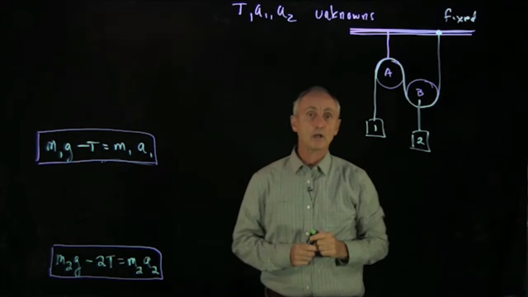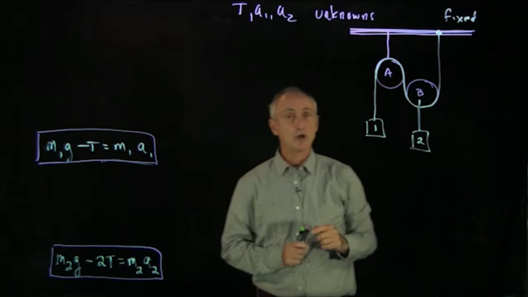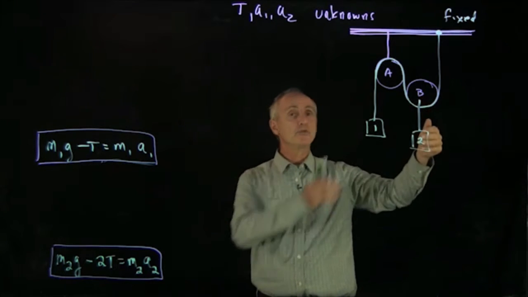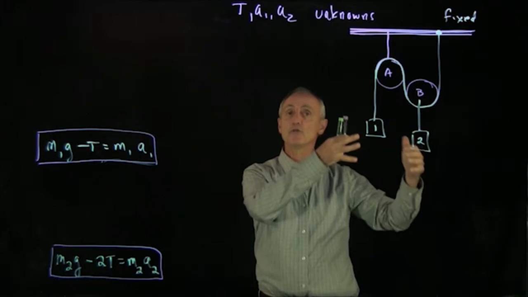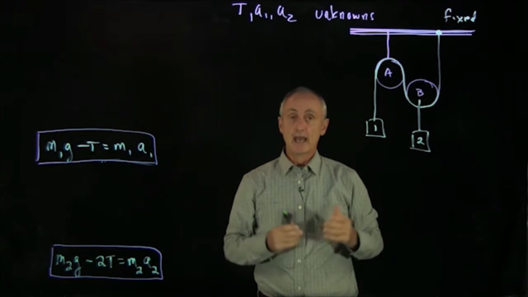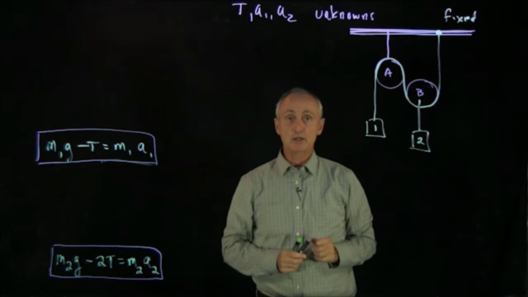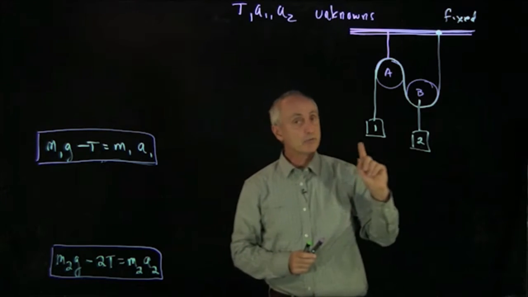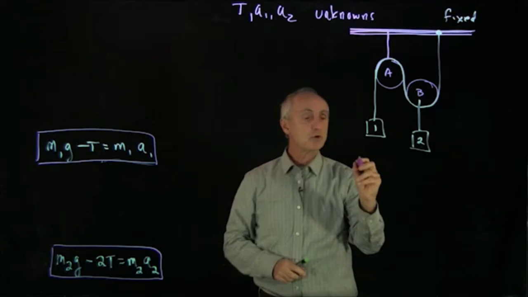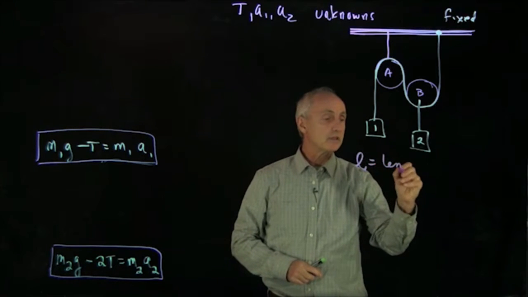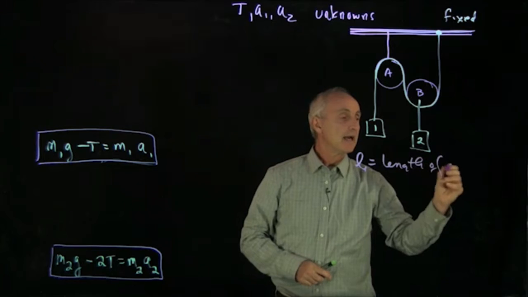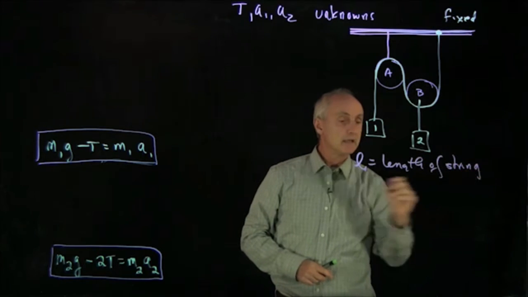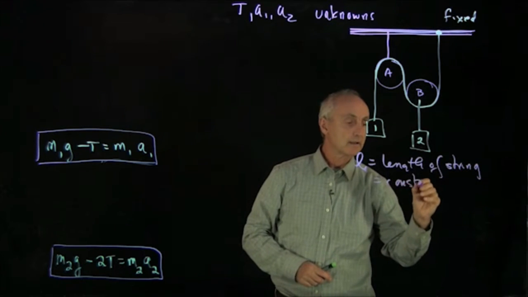Well, we're missing one condition, which is a constraint condition: as object 2 moves and object 1 moves, they have to move in some relationship together. And now what we'd like to do is show an analytic approach for finding that constraint condition. The way we think about it is that we'll call L equal to the length of the string, and this quantity is a constant.